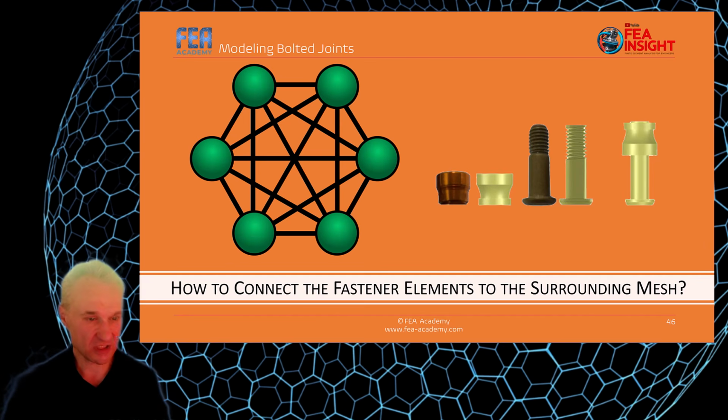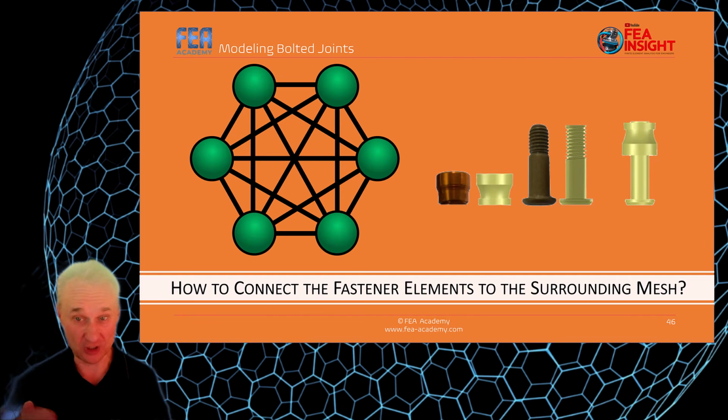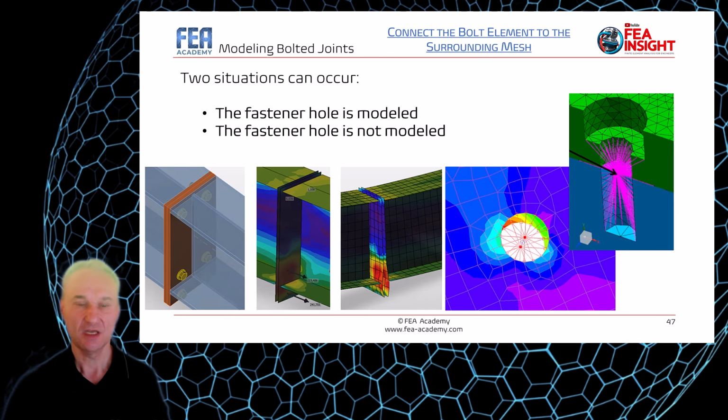And you are not interested in the load transferring through the joints. So now the question is, and this will conclude this episode: how to connect the fastener elements to the surrounding mesh? Because even if we model with 1D spring elements or 1D beam elements, we need to connect those elements with the surrounding mesh. So two situations can occur.